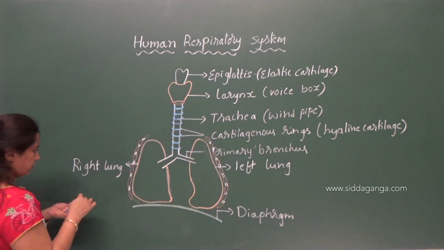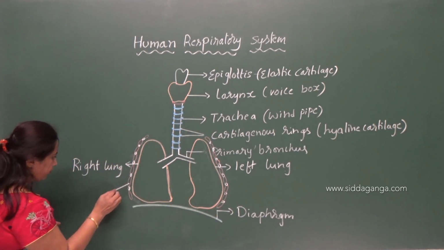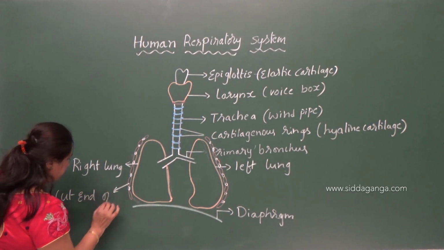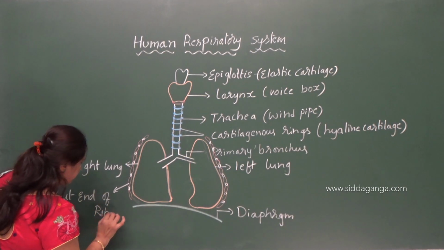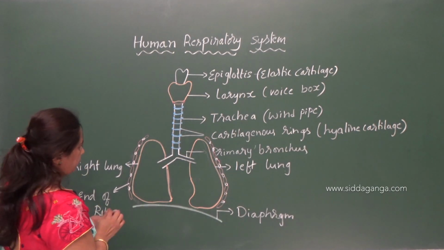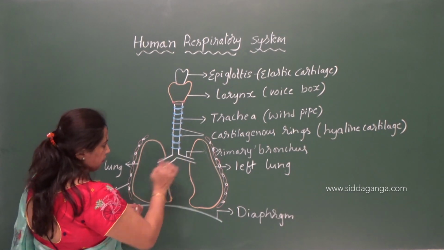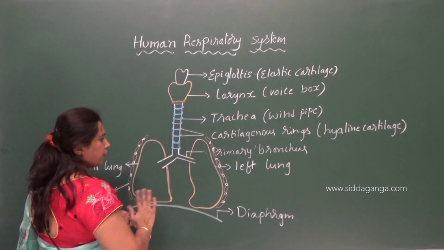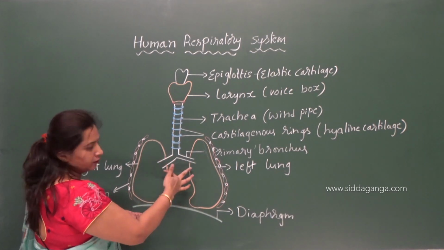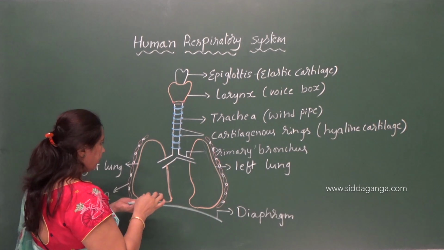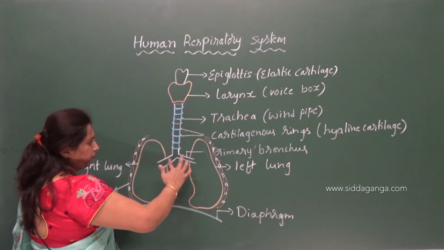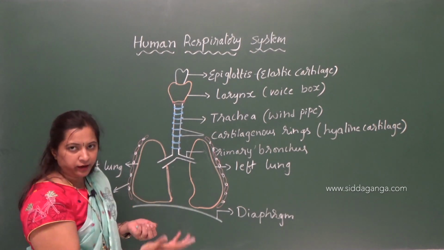So this is the cut end of rib. Okay. So now this is the primary bronchus. On entering into the lungs, both the primary bronchi will start dividing.